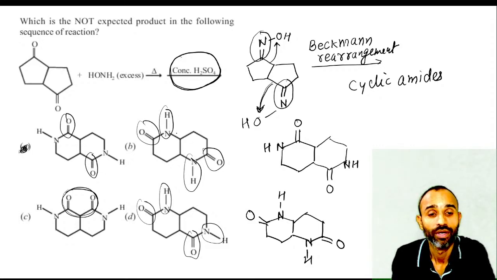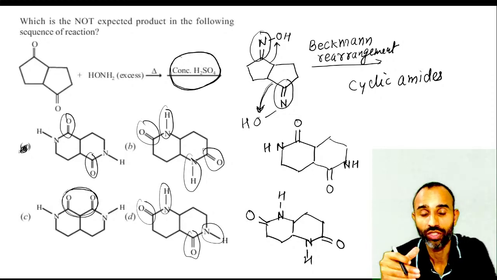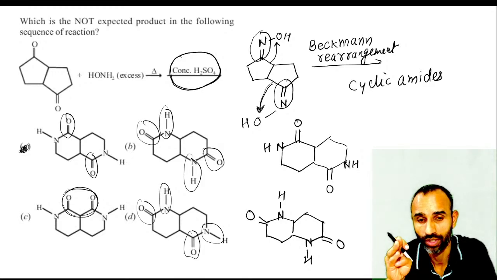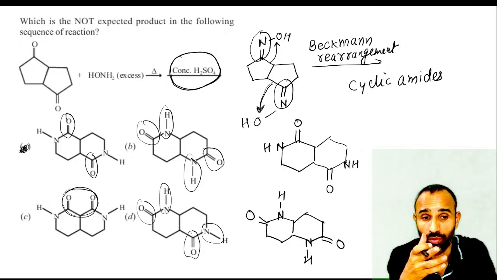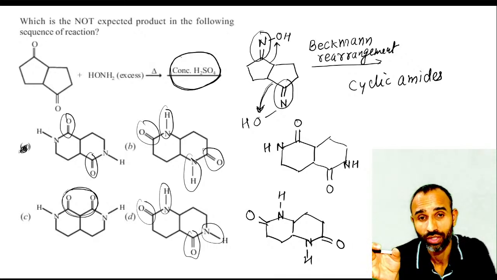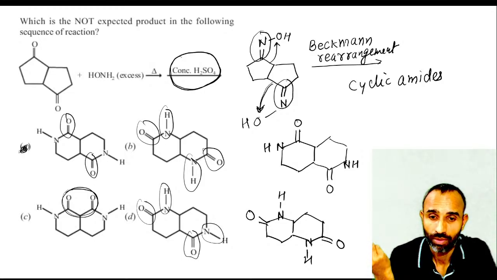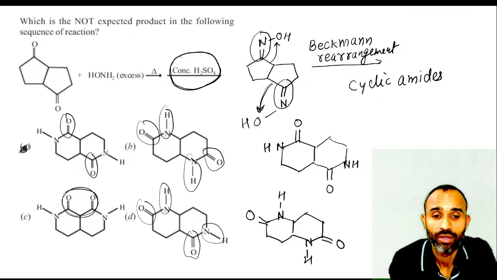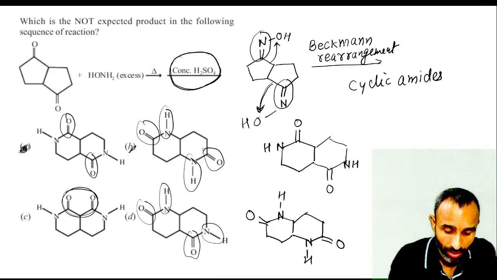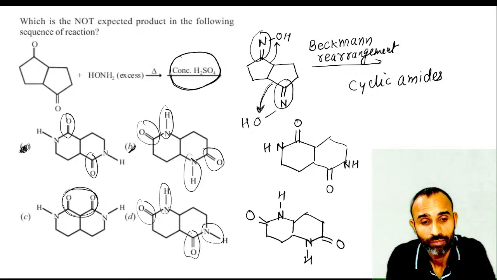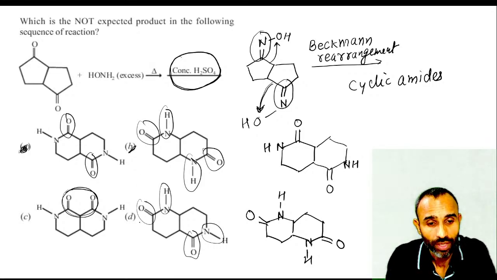Actually the larger group will shift to oxygen, but since we write expected products, there may be some minor products. B and C are minor products; B is the least probable. So A, then D, then B. C is impossible.